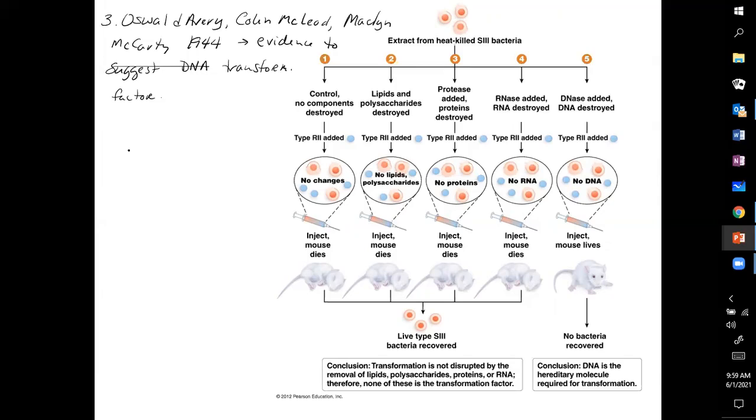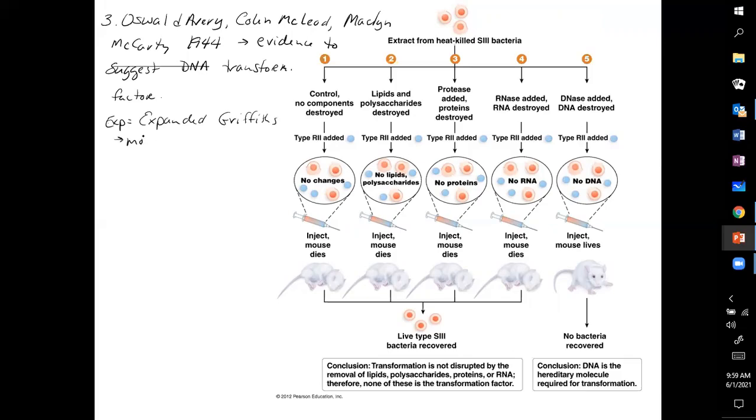Okay, so how did they do that? What were these experiments? So the experiment here, they expanded Griffith's experiment. So same concept, using the S and the R strain bacteria. So they expanded Griffith's experiments to look more molecular, right?